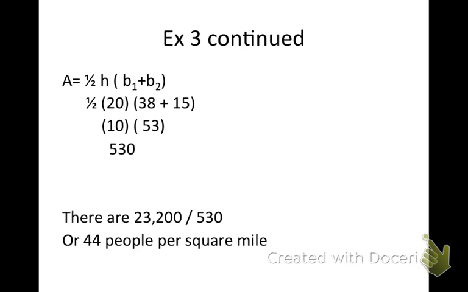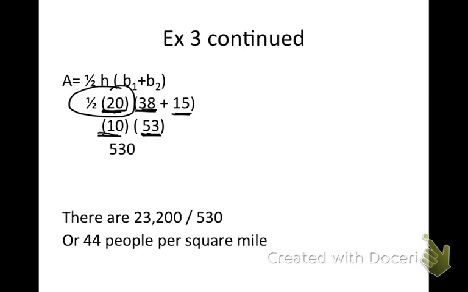Okay, so we had the 1/2 height, and the height was 20 miles. Base 1 was 15. Sorry, I have these backwards. And base 2 was 38. The order doesn't matter for addition, I can do that in either order. So again, I took 1/2 of 20 to get 10. I added 38 plus 15 to get 53.